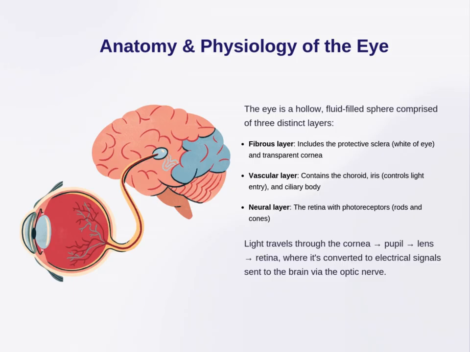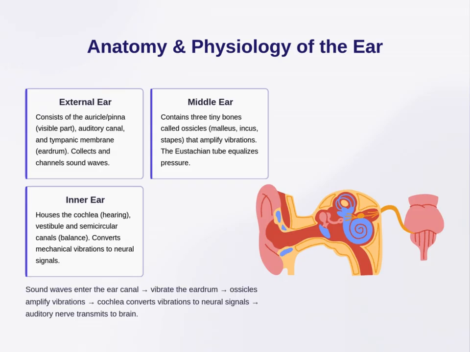It has the photoreceptors, the rods and cones, that capture light and convert it to electrical signals. How that works is light travels through the cornea, then through the pupil, then the lens, and then to the retina. And it is then converted to electrical signals that are sent to the brain via the optic nerve that gives you a picture and allows for vision, which is also very fascinating. And that is a very basic summary of how that works.